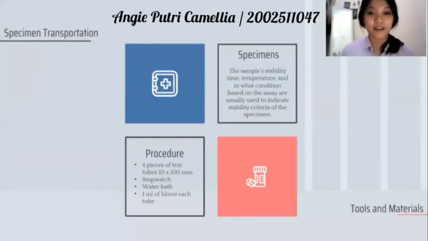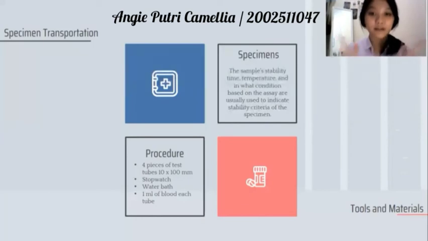And now I'm going to explain to you the storage of specimens, specimen transportation and stability, also tools, materials, and procedure. So, transportation and the processing of blood specimens are important variables and have a large impact on results, which can turn into serious consequences for patient care.